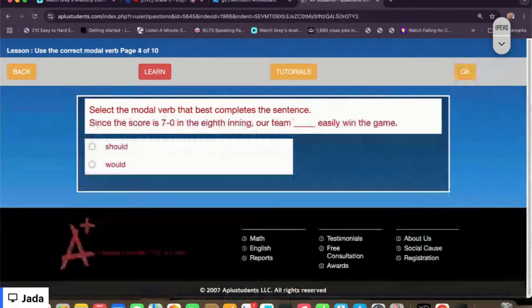Since the score is 7-0 in the inning, our team dash easily win the game. Should or would? What do you think?